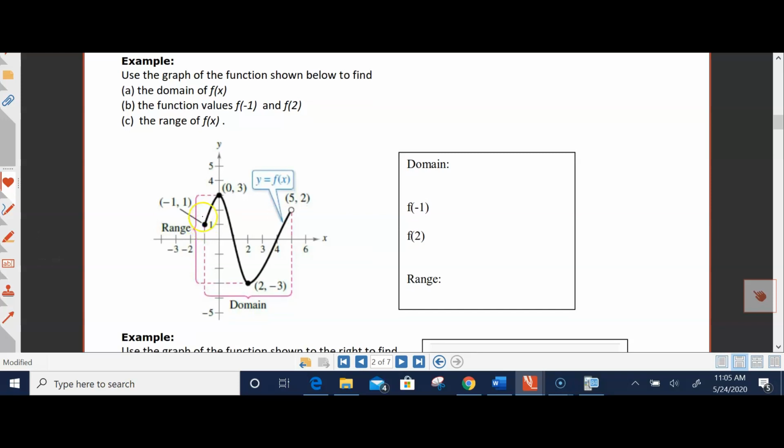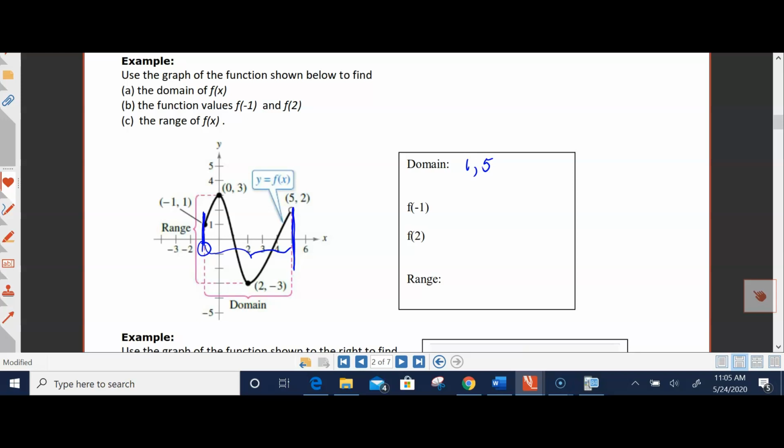So as I go left to right, on the left side, my graph starts here, it continues, and it stops there. So the starting point for the domain, we always go left to right. The starting point is 1. The ending point on the x-axis is 5.